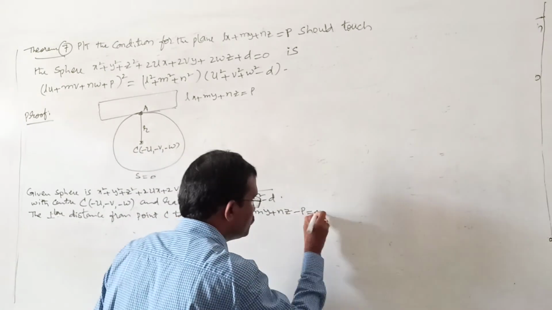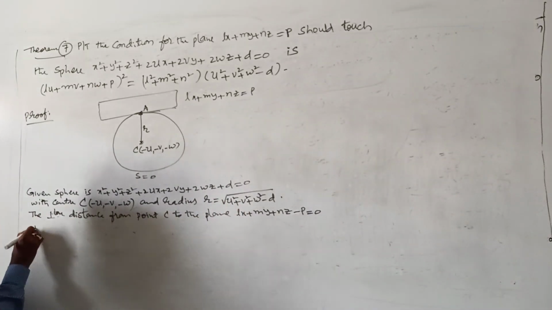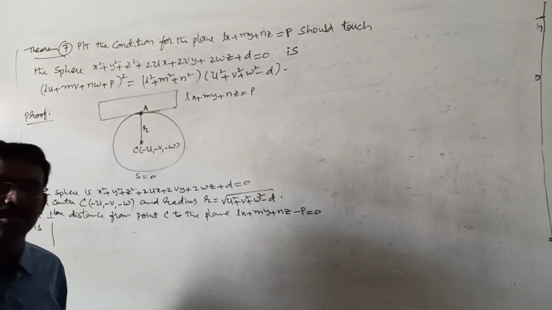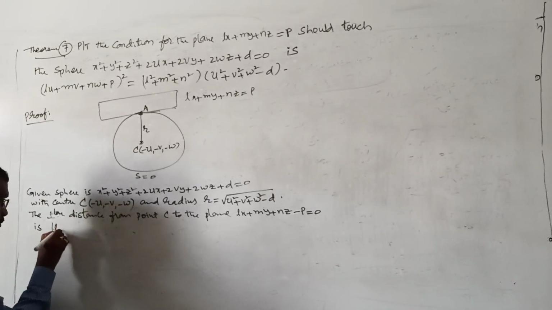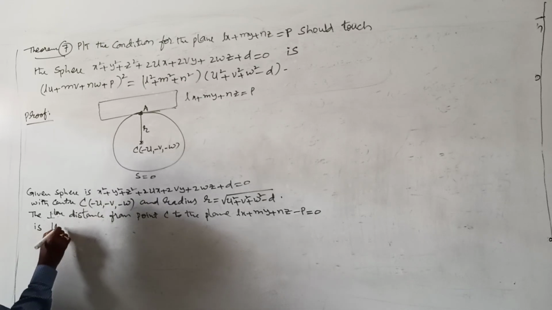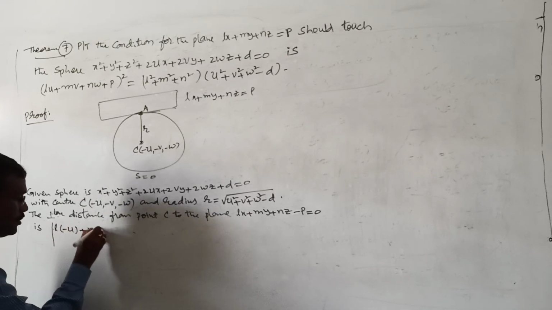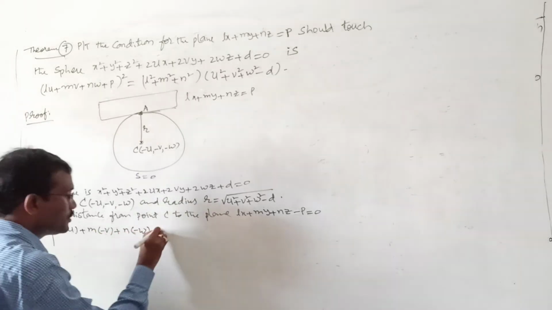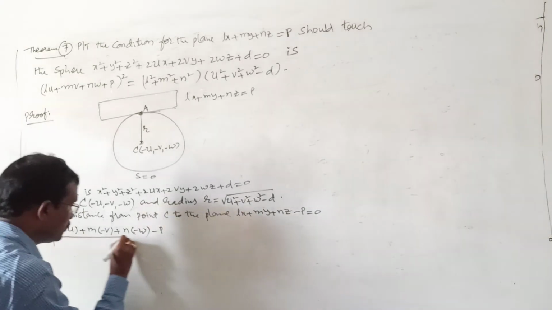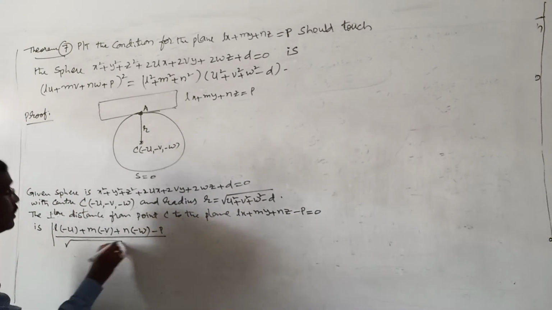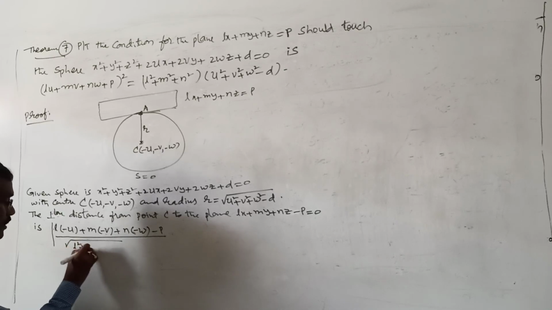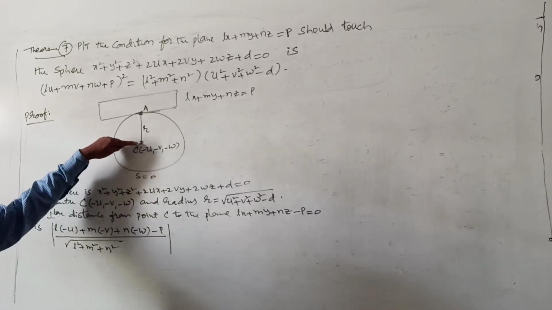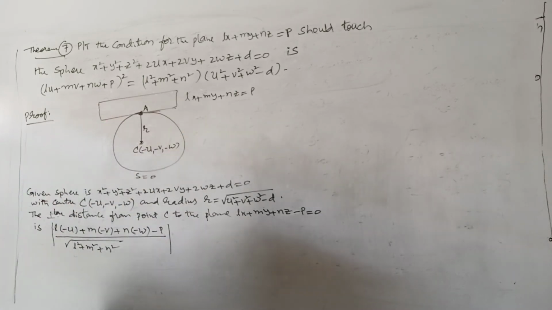In the formula list I have given the perpendicular distance from a point to a plane. It is L into minus u plus M into minus v plus N into minus w minus P, whole by square root of L square plus M square plus N square. This is the perpendicular distance from the center of the sphere to the plane.